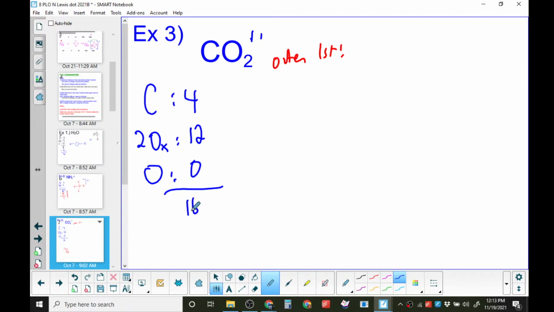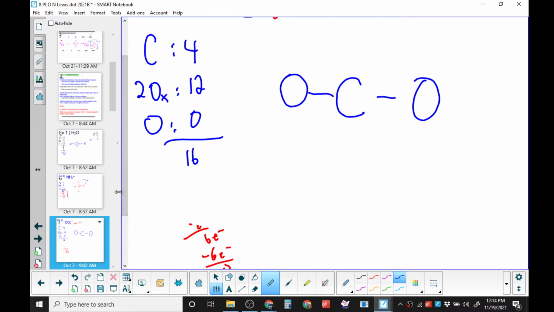Now, the method that I've been using is you take the central atom. Which one of these is the central atom? Put the central atom down, and then you put all the other atoms around it and join them. So you go O, O, and join. Not quite, but that's like the second step.